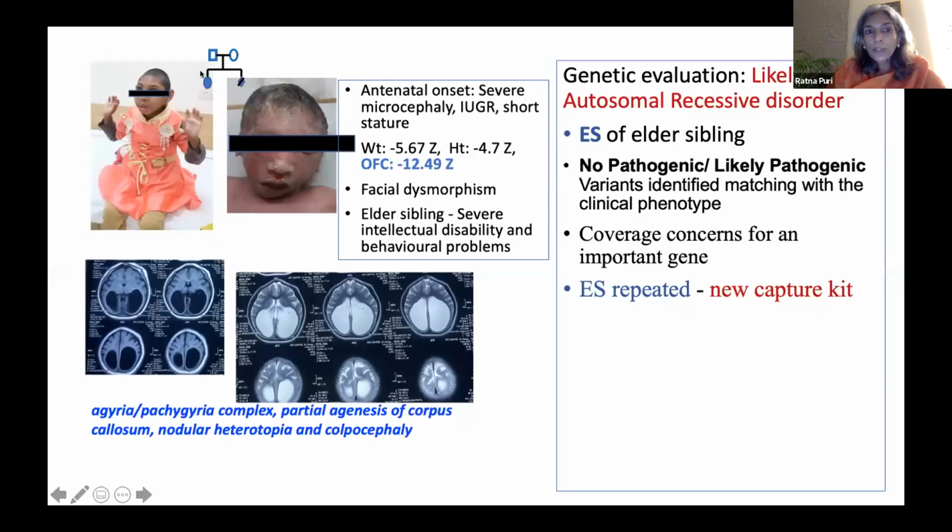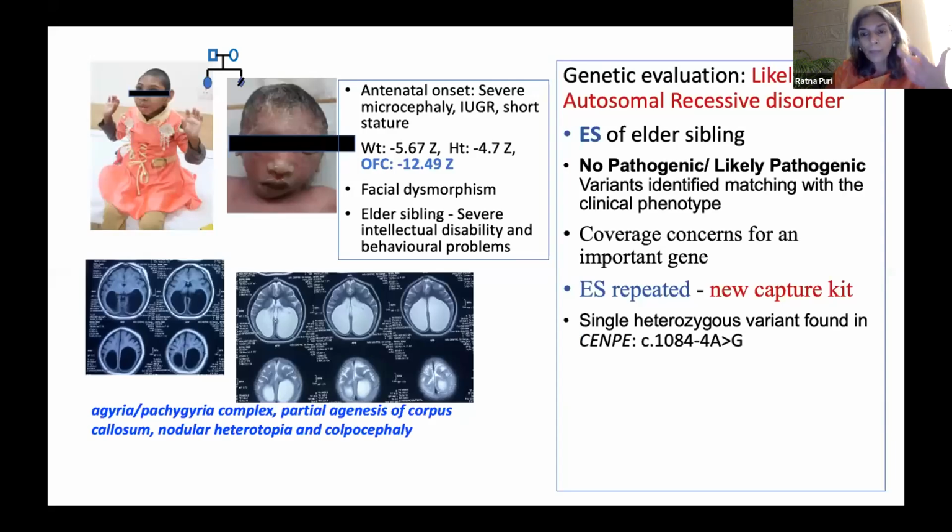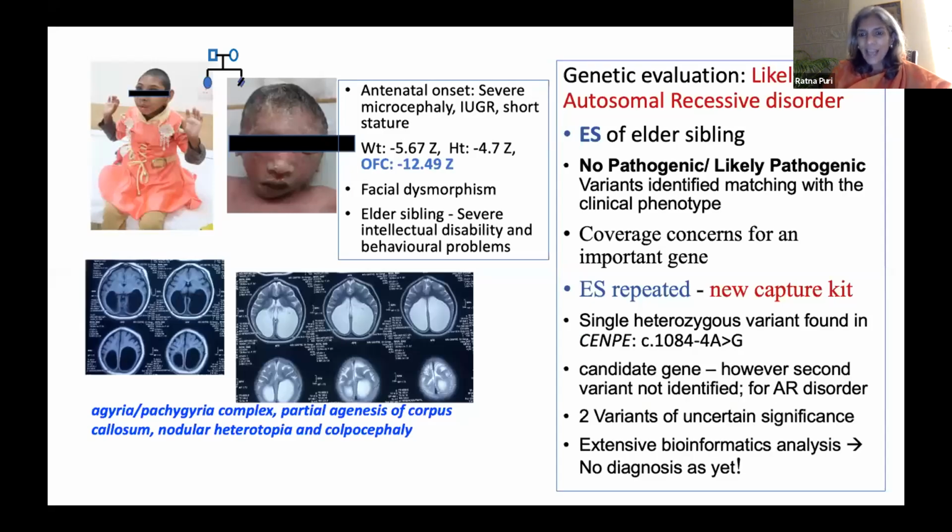We did exome sequencing for all 4, and then we still did not get anything. We used different capture kits to see, have we missed any part of the data? And we were looking at copy number variations. We found one that was relevant, but never found the second mutation. So it is a long journey for some families. We now know that we have to go to genome sequencing.